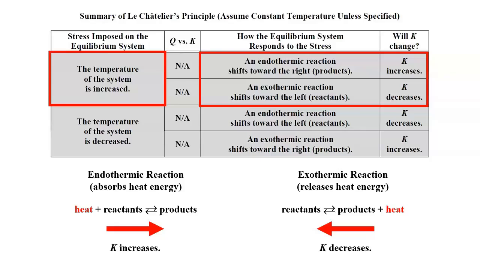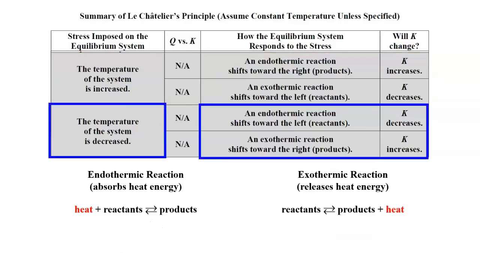Okay, so those are the changes when the temperature of the system is increased. Now let's take a look at what happens when the temperature of the system is decreased. This is like you're removing heat energy from the system. So if you have an endothermic reaction which absorbs heat energy, if the temperature of the system is decreased, like you're removing heat energy, an endothermic reaction will shift toward the left, toward the reactants, and as a result, the value of K decreases.